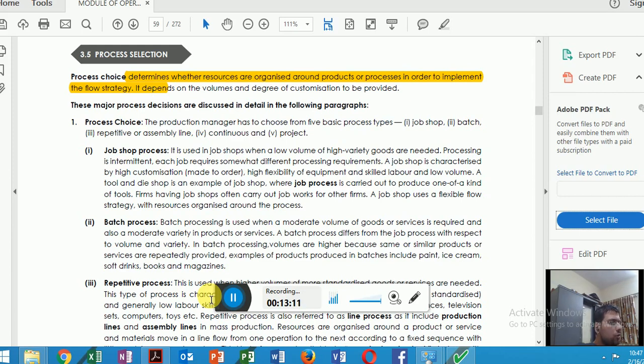What I want to say is, how much quantity of product is made, whether the product is of repetitive nature or whether the product is of unique nature.